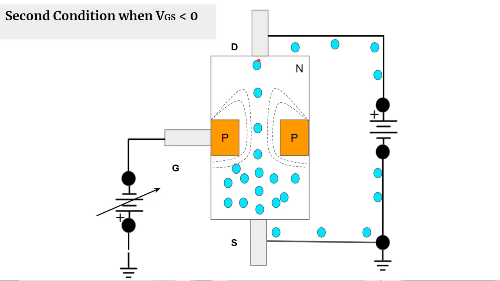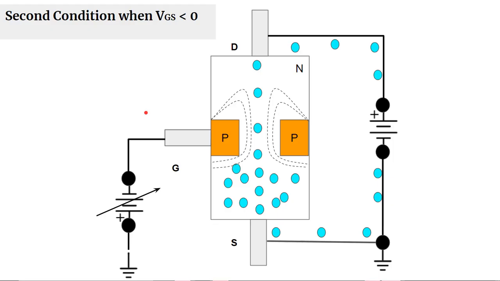At this point, further decrease of current will not take place and current will become constant. At this point, the JFET has entered into the saturation region, and further increase in the potential difference will not decrease the width of the channel and current becomes constant. This is called the pinch off voltage.